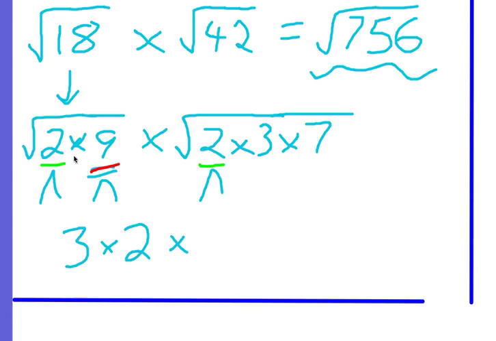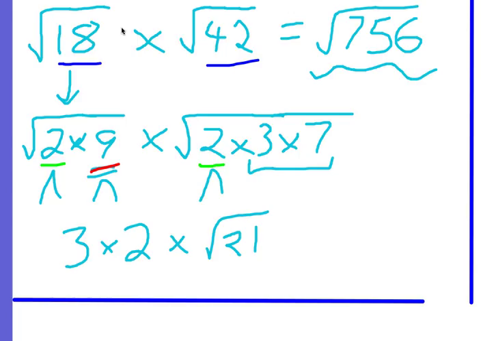And whatever's left over gets left on the inside, and that's a 3 times 7, which is root 21, which cannot simplify.